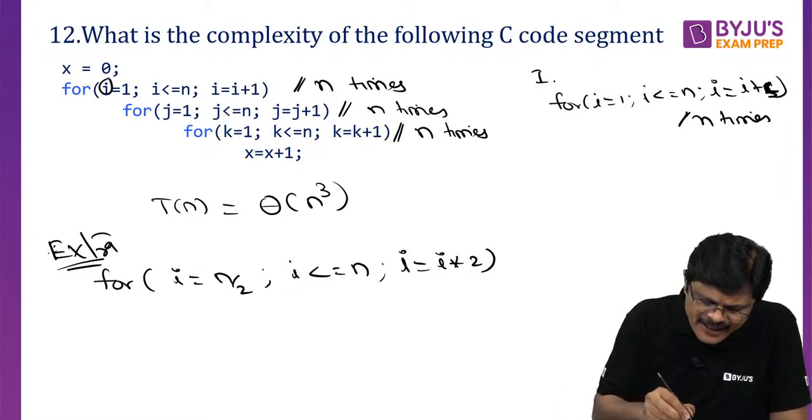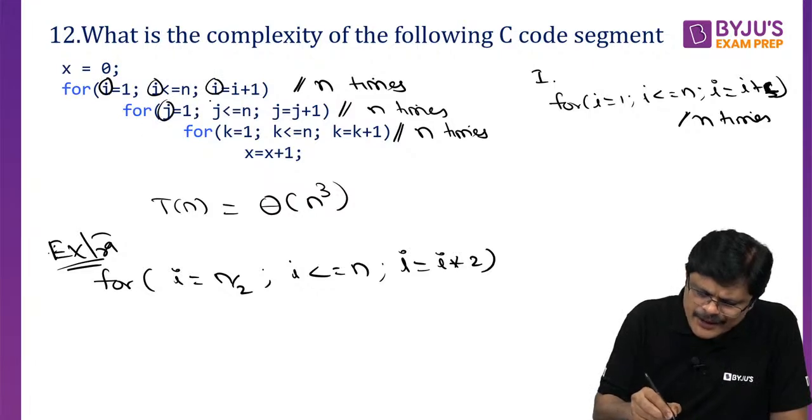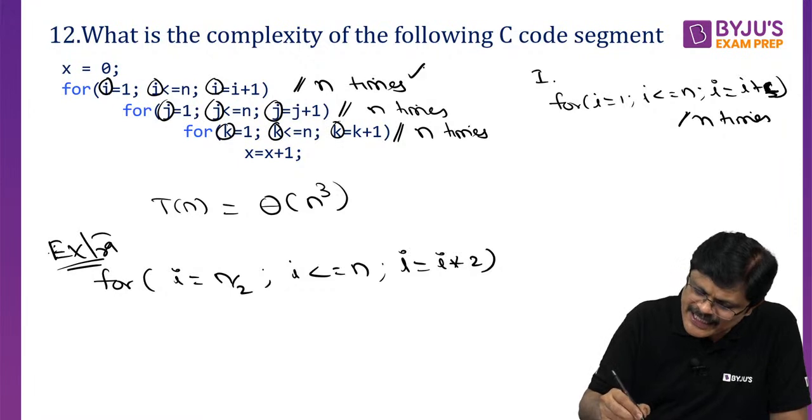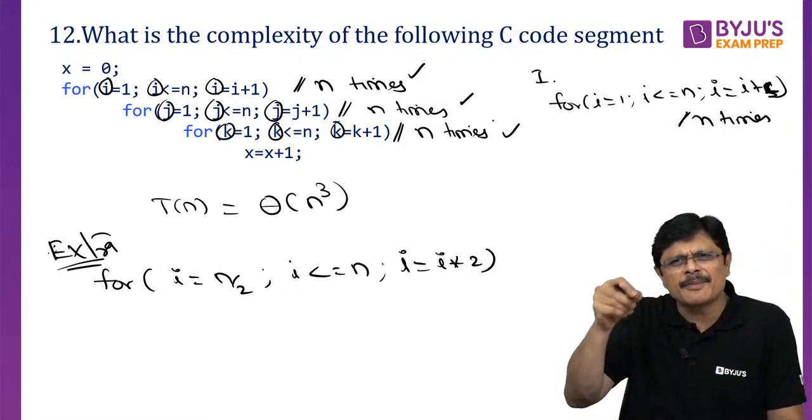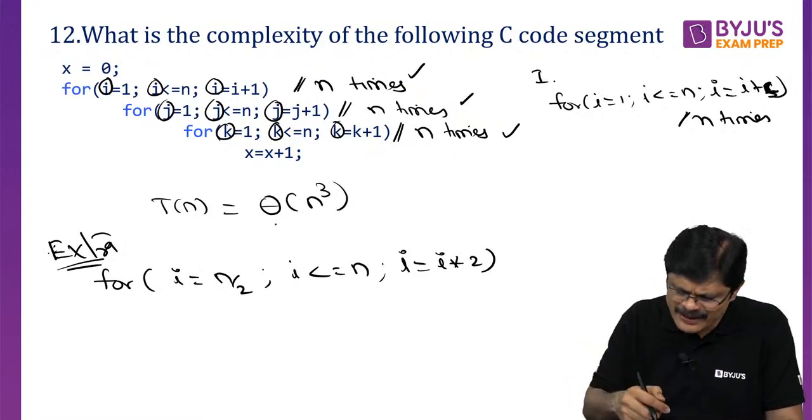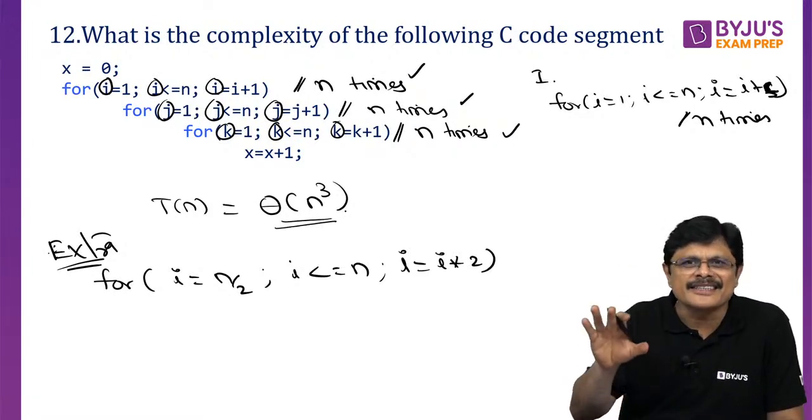In place of i, if you get j, also same story. If you get k, also same story. So this is n times, this is n times, this is n times. Because it is a nested loop, just multiply them: n into n into n will be theta n cube. That's it.